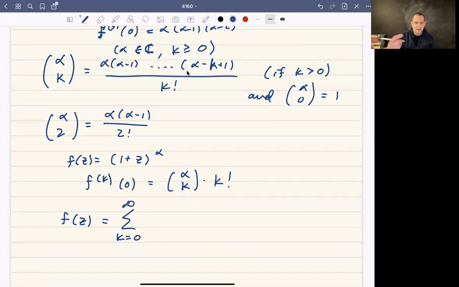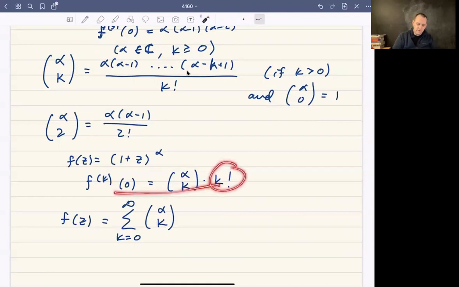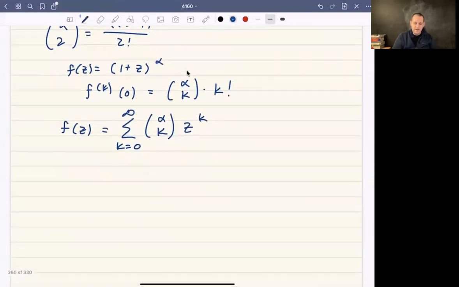We're going to have the kth derivative of f at 0, so that's alpha choose k times k factorial divided by k factorial. Remember that if I take this k factorial and move it over, this gives us our coefficient c sub k. So it turns out that those are the only things that remain, times z minus 0 to the k. And so this is our formula here. And you can check this is going to be valid if z is in the unit disk. I'll leave that to you to check.